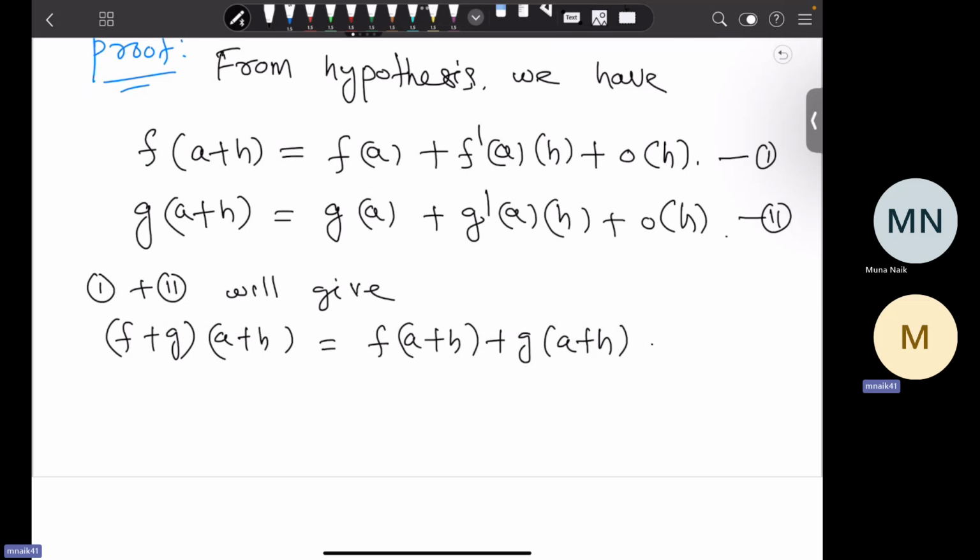It is f of a plus f prime of a applied to h plus little o of h.